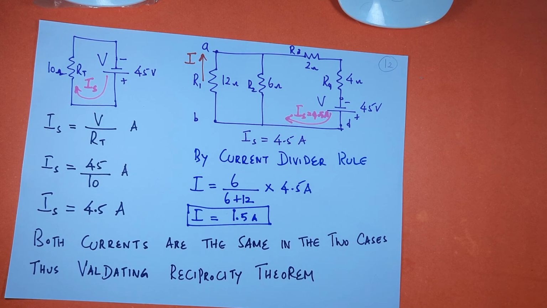So the reciprocity theorem is not a very commonly used theorem because it has a limitation: your network or circuit must have only one source. Then only this theorem is applicable.